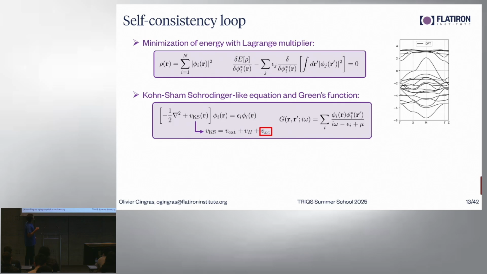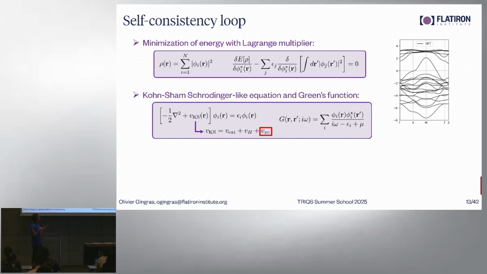The other thing I want to point out here is that the eigenenergies of these Kohn-Sham equations are actually just coming from Lagrange multipliers of the orthonormalization of the orbitals. So when you get a band structure from DFT, the values of the band structure are these eigenvalues, and they don't serve any actual physical meaning, in the sense that they're really just Lagrange multipliers.